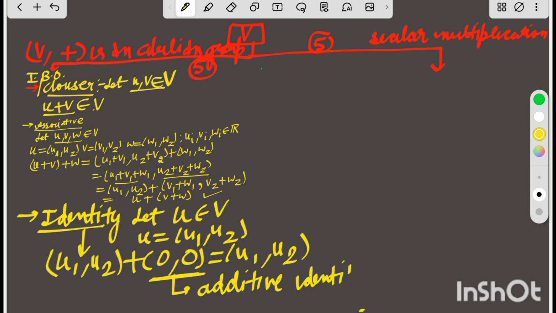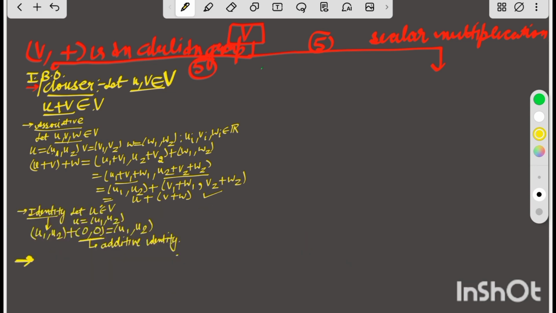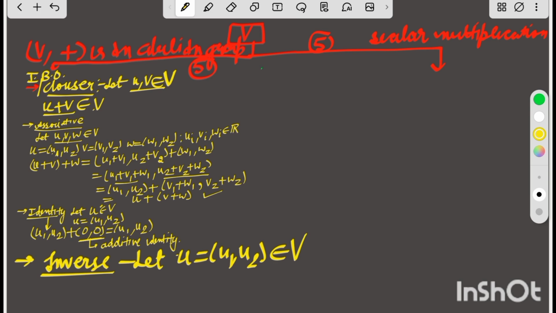Fourth is the inverse property. Let U be any element from the set V. So we have to find that particular element which, if we add it to U, we get the identity, that is (0, 0).